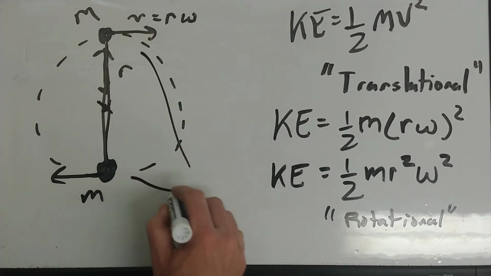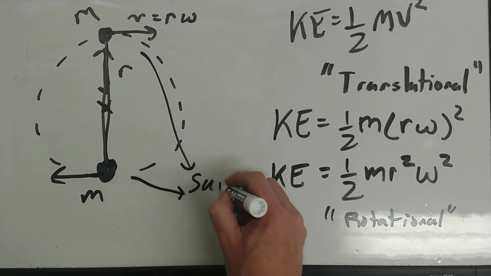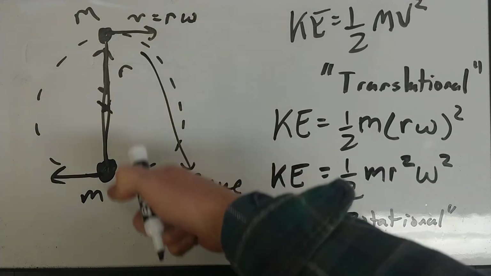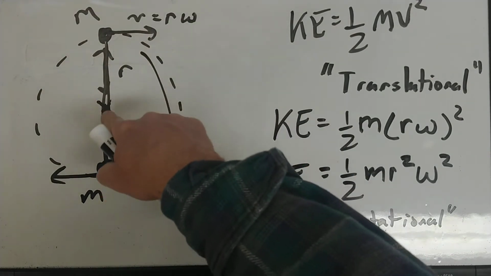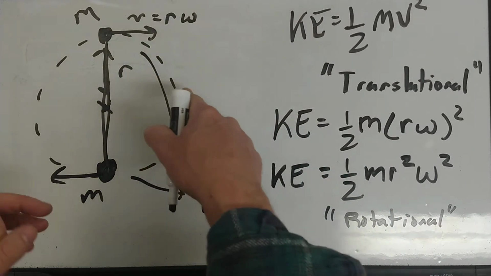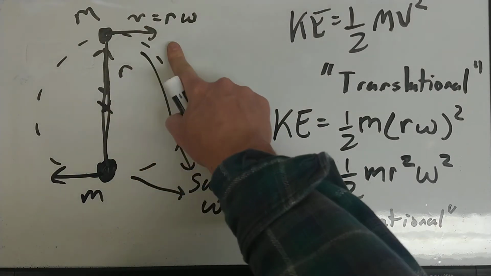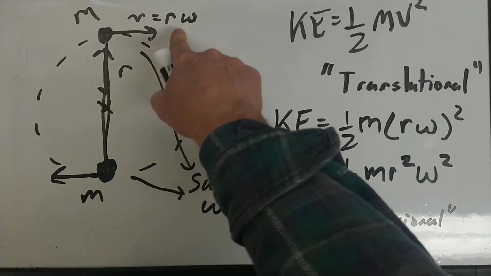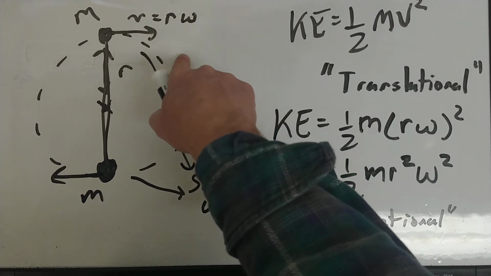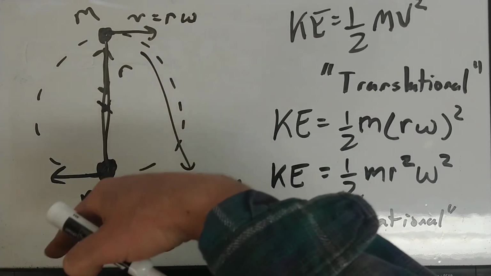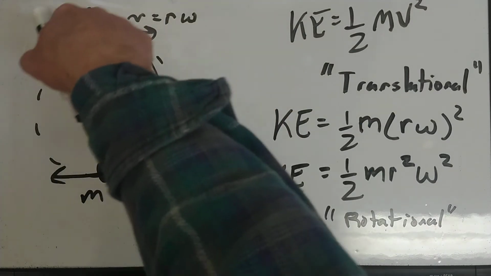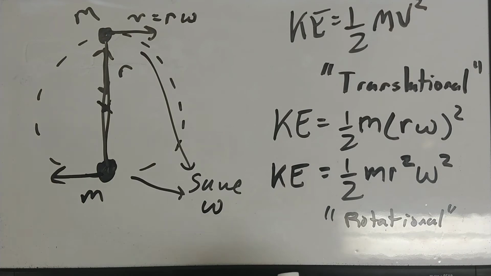When things are rotating in a circle together, they have the same omega. They have the same v also in this case because the radius to the center is the same. We're going to look at a solid object like a disk in a little while, and we'll see that the omega for every particle that makes up that disk is the same. However, the velocities are different because the greater the radius is, the bigger the path the particle has to travel in a given period of rotation.